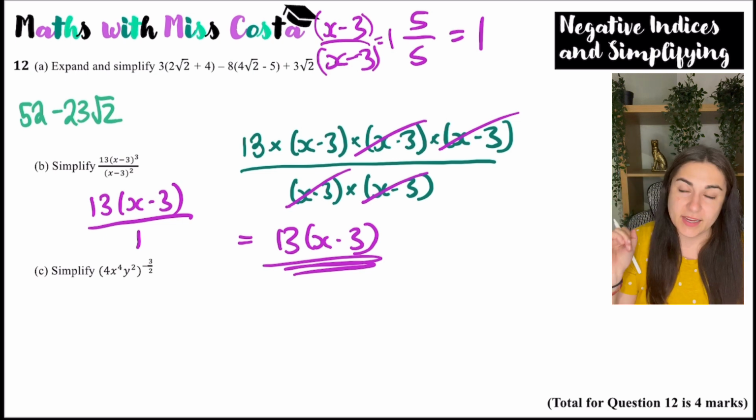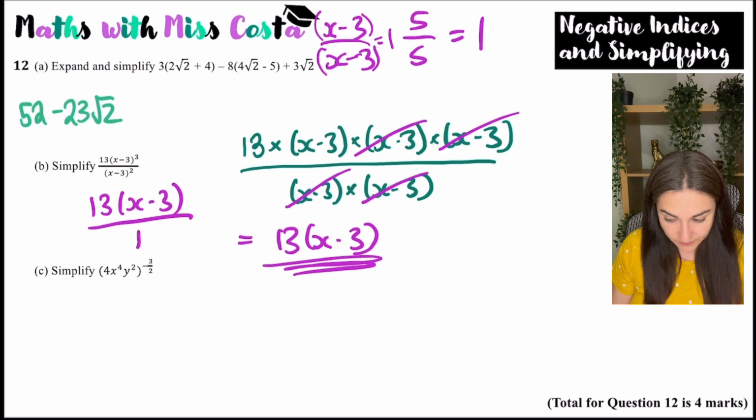So when it's a negative, either you figure out what it is and at the end you just switch it over. So basically, if you see a negative, it means it's reciprocal.